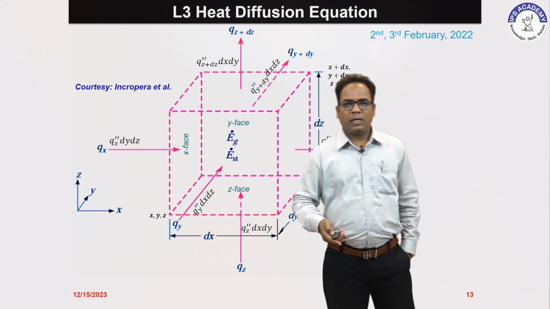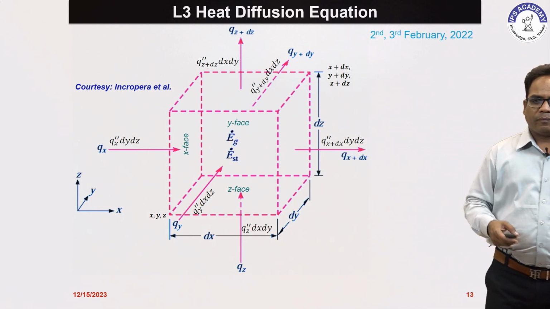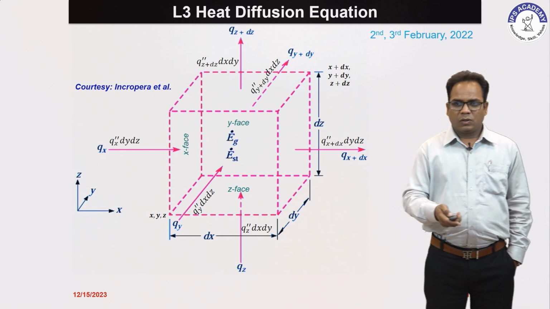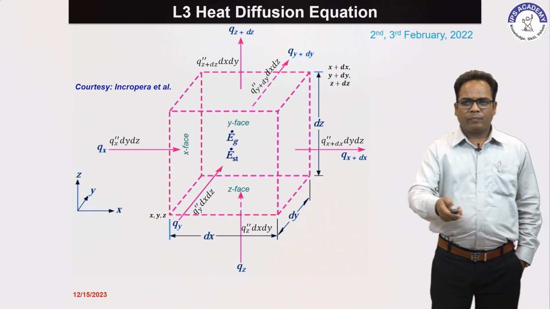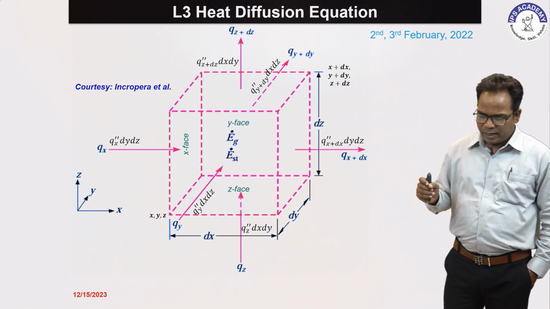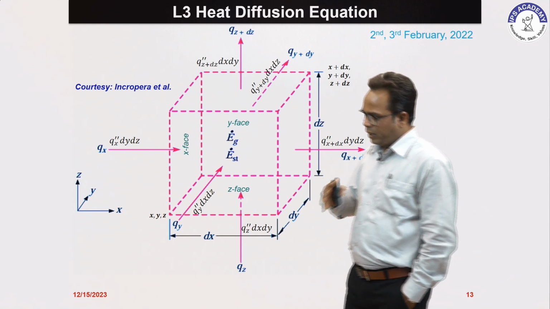And this is the amount of heat which leaves from the x plus delta x phase, so this is q double prime x plus dx, times dy into dz. This dy and dz is the cross sectional area available for the heat transfer.